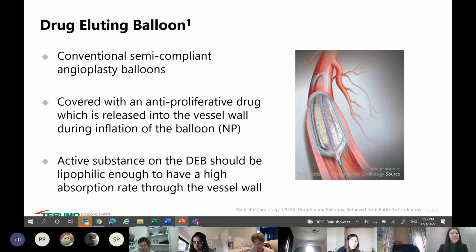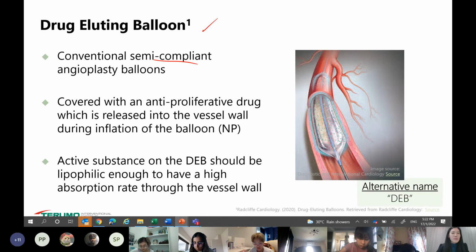So they want to combine the effect of this drug and balloons. That's how the drug-eluting balloon comes about. Basically, it's a very conventional SC balloon, semi-compliant balloon. It's covered with drugs to be released into the vessel wall.